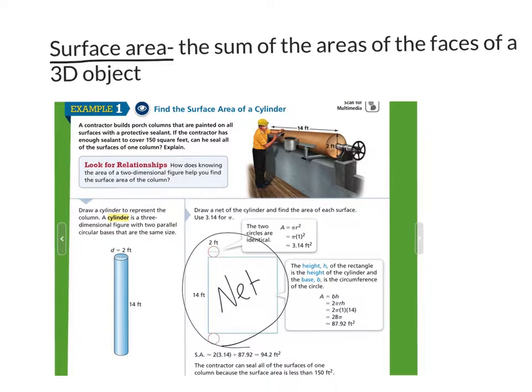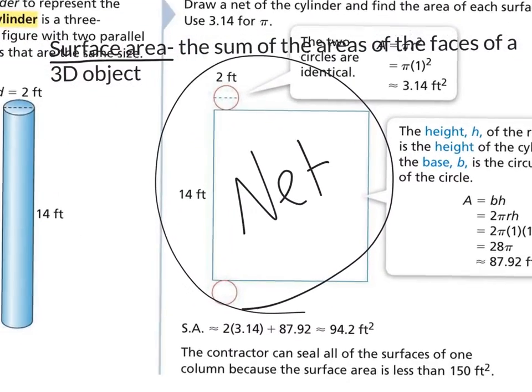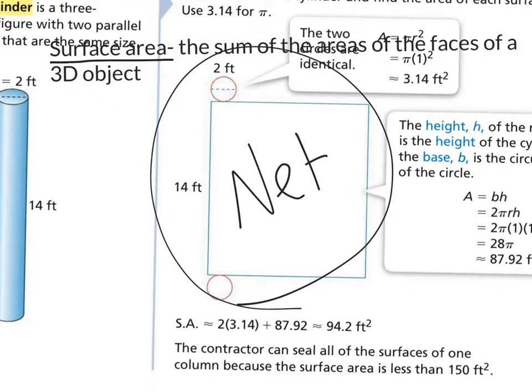So first of all, surface area is the sum of the areas of the faces of a 3D object. A net is basically taking a three-dimensional object and unfolding it. In this case, they're showing us the net of a cylinder. The net of a cylinder is going to end up being two circles and a rectangle.